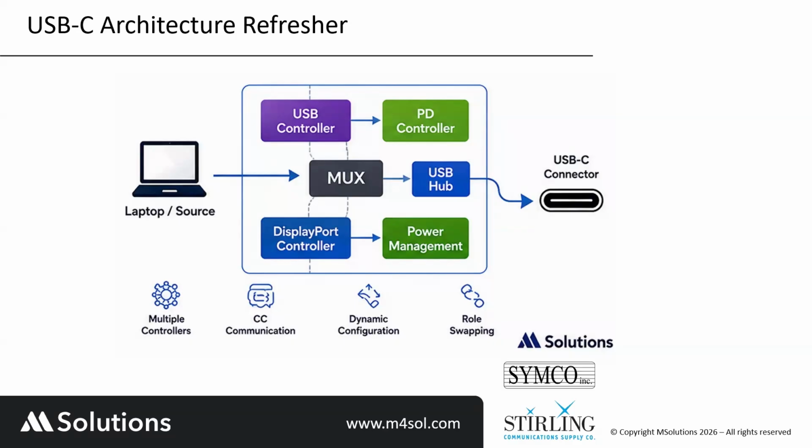The power management circuit delivers the required voltage and current to the device. And when video is enabled, the DisplayPort controller transmits the video stream through the USB-C connector, and it captures lanes of the high-speed path inside the cable or the extenders.